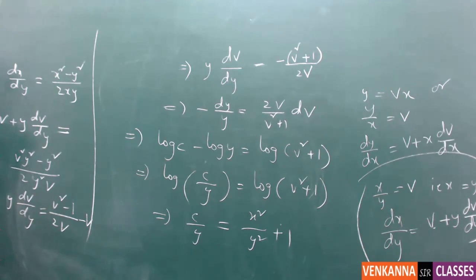So I have discussed the maximum complexity in orthogonal trajectories. Any questions, please? The maximum variations: usually finding orthogonal trajectories.